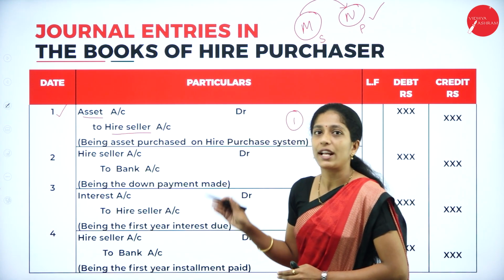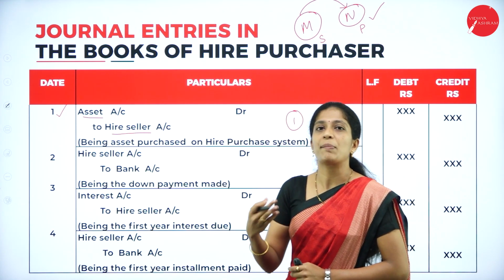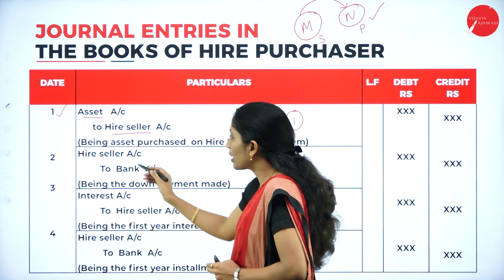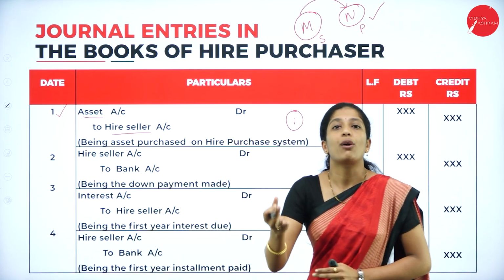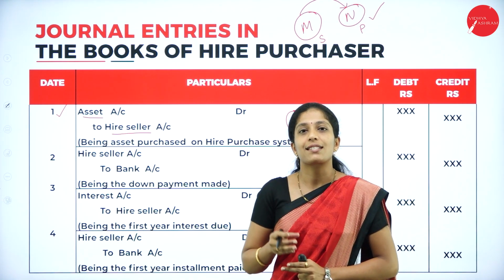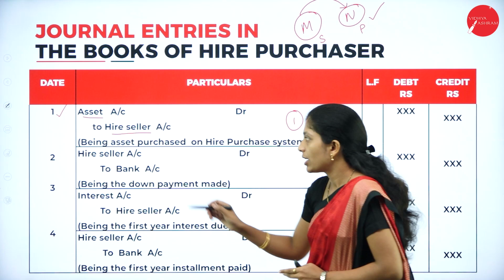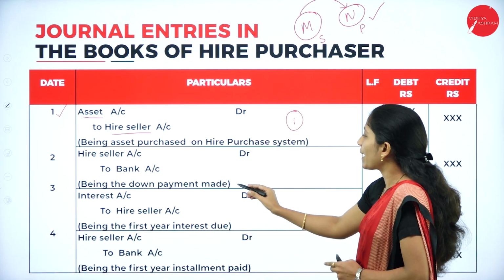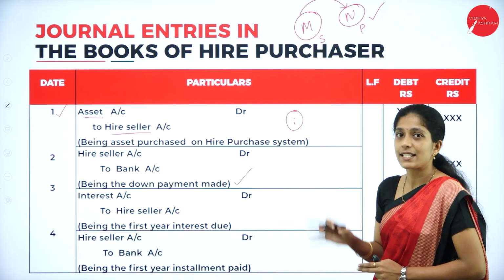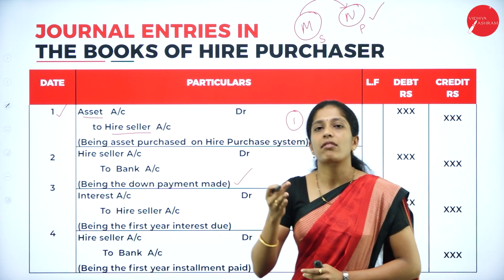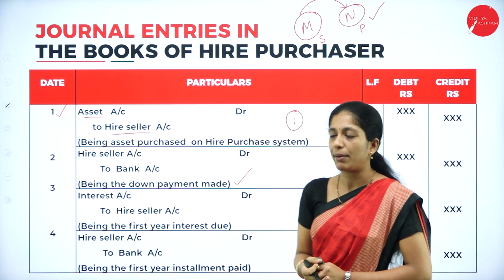Hire seller account debit to bank account. Why are you debiting hire seller? Because we are making payment to hire seller. So debit hire seller. What goes out of the organization, or what goes out from the hire purchaser, that is bank or cash. So hire seller account debit to bank account being the down payment made. So this is the second entry. So first entry for receiving the goods, second entry is for making the down payment.